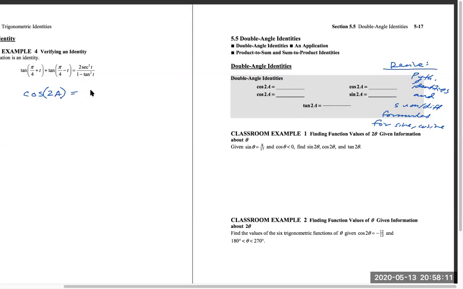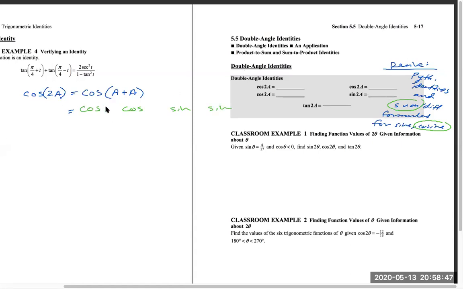Okay, so to derive, you'll need those. So essentially, the way that we want to think about this, how can I break up 2A into two terms that are added or subtracted? Well, 2A is A plus A. And then remember, we have a sum identity for cosine. Cosine, cosine, sine, sine.